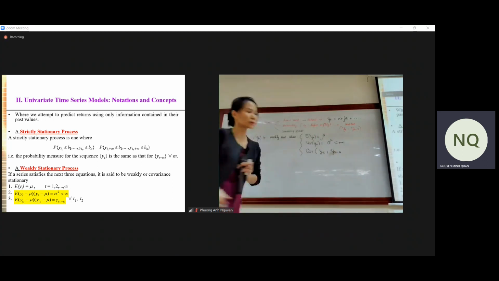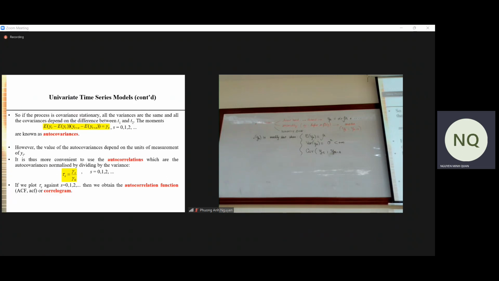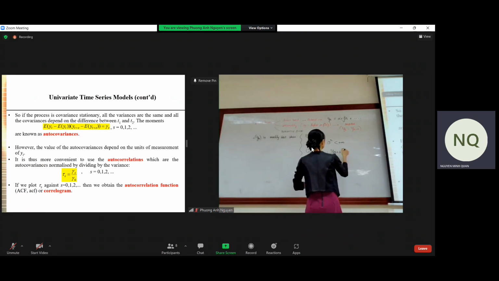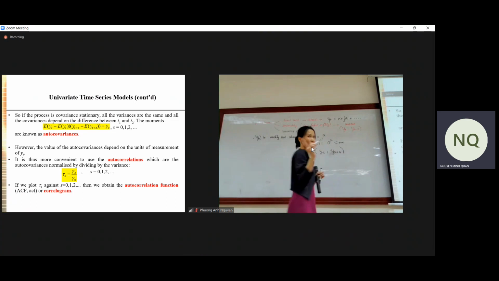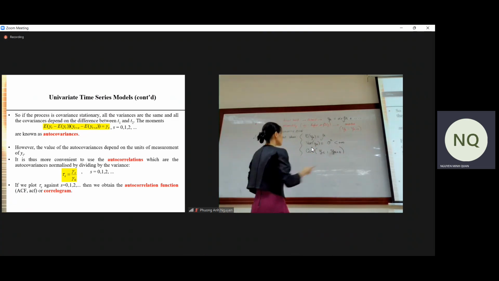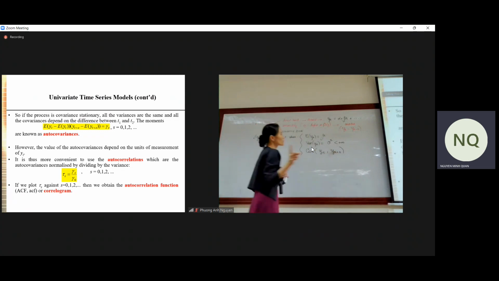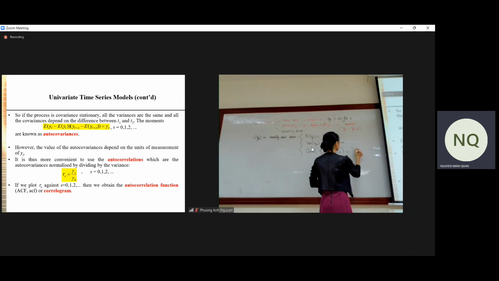Here we use T1 and T2, but in practice you can write it with T or T minus or plus s. So to use the same notation, I will use plus s, where s is the lag. S is the difference between T1 and T2, two points in time. There is a constant depending on s only.